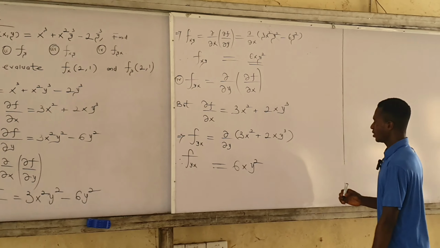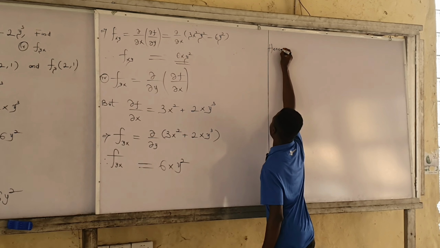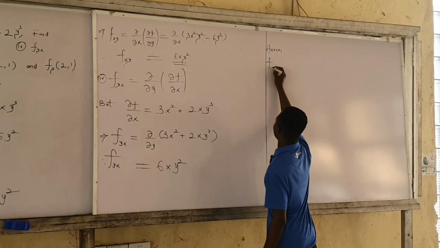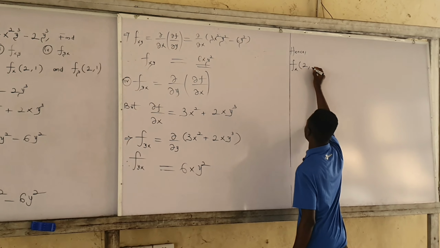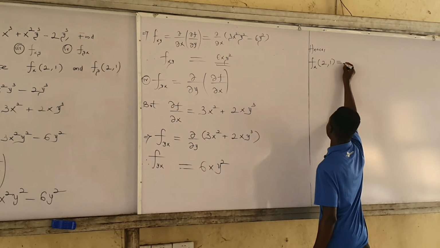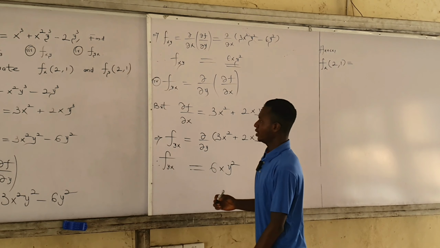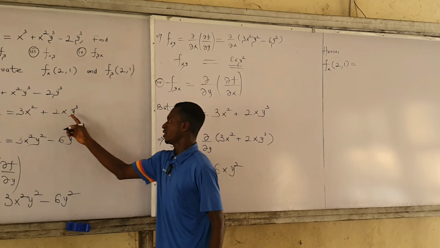So we can go on to say that hence we have that the function partially differentiated with respect to x when x is equal to 2 and y is equal to 1 is equal to, remember, the function f subscript x is given by 3x squared plus 2xy cubed.